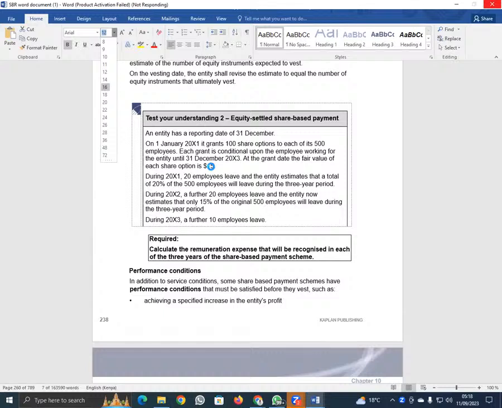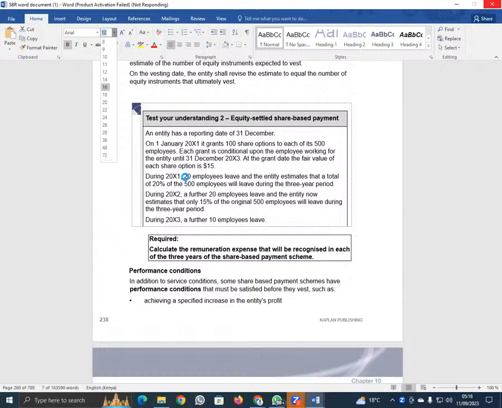So 31st December is when we report. On 1st January 2021, it grants 100 share options to each of its 500 employees. Each grant is conditional upon the employee working for the entity until 31st December 2023.